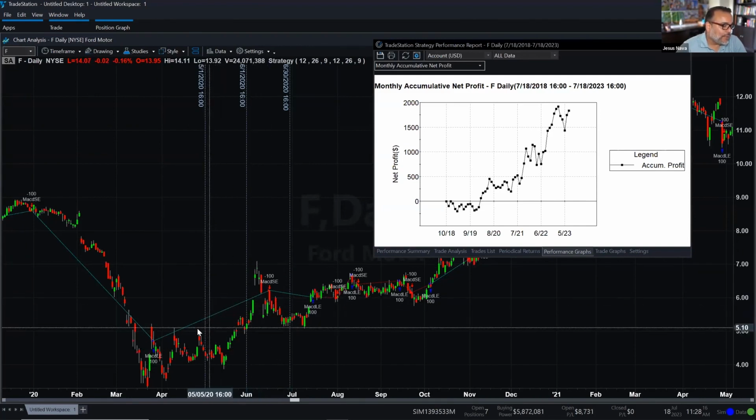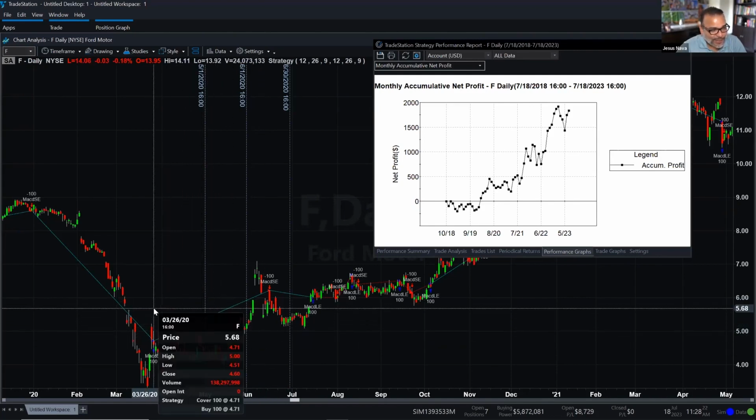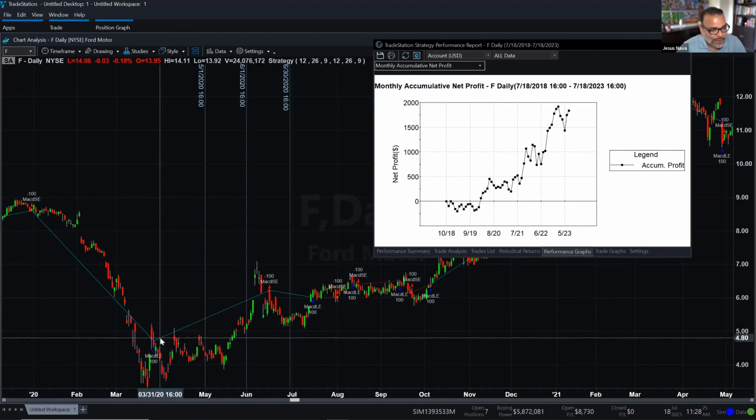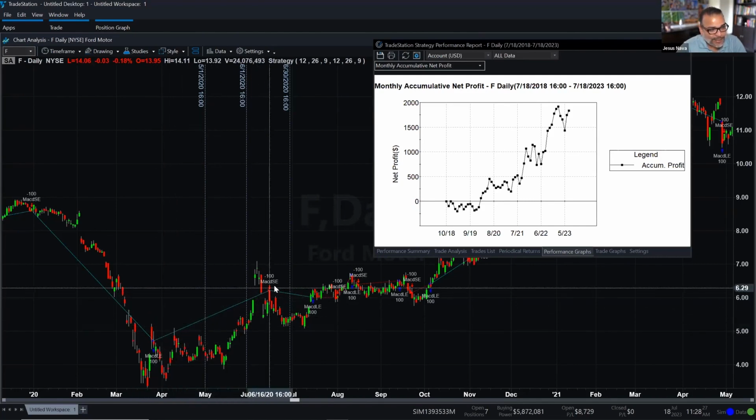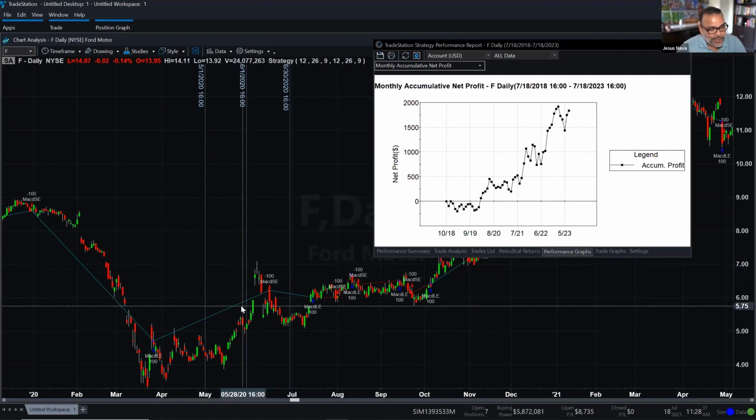I know that we are in the middle of a winning trade. There's just one single trade that started right here back on March 26th, the end of March, and the same trade extended all the way up until here, June. So the way that the performance report distributes this P&L is by month.